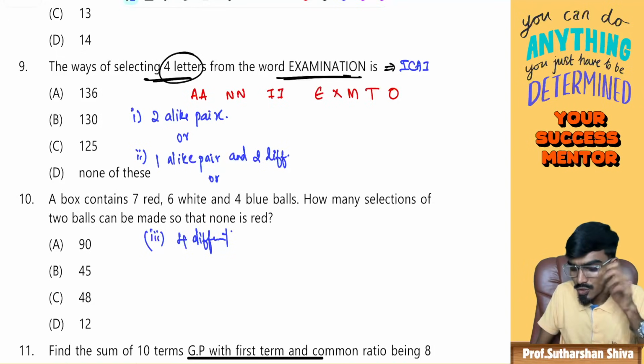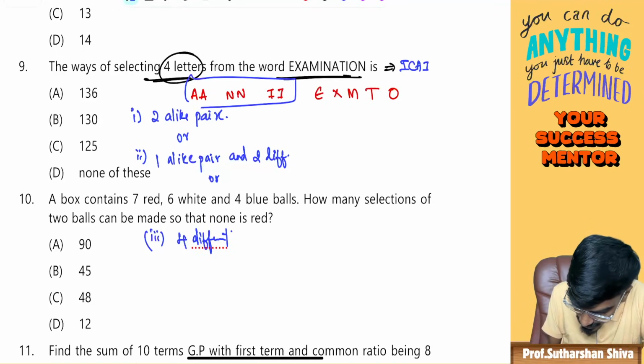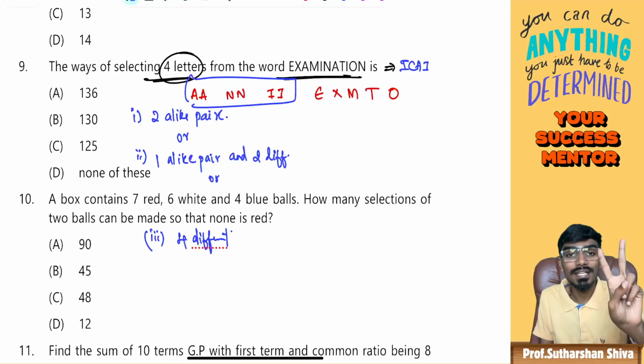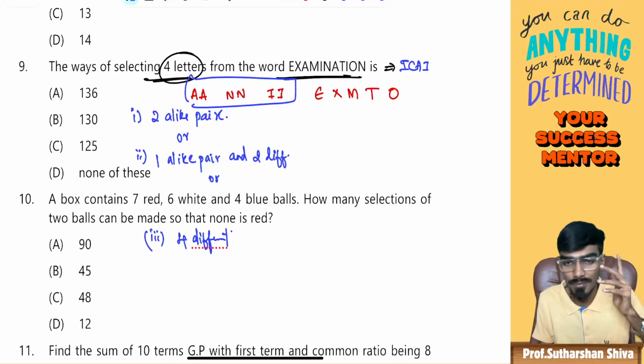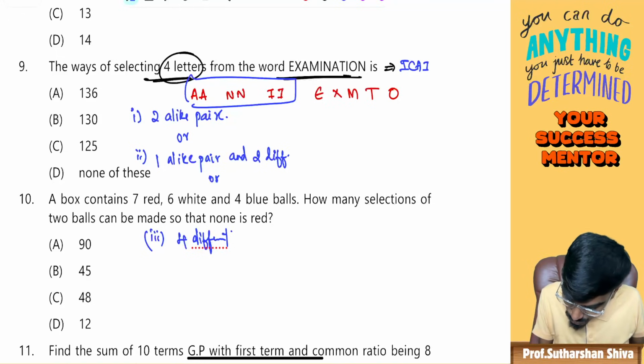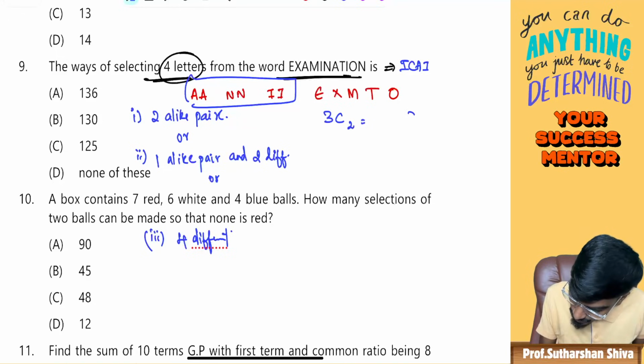Okay, what is two alike pairs? There are three alike pairs. From those I can select two, so that four letters will be selected. So from 3 I should select 2, so 3C2, which is equivalent to 3.